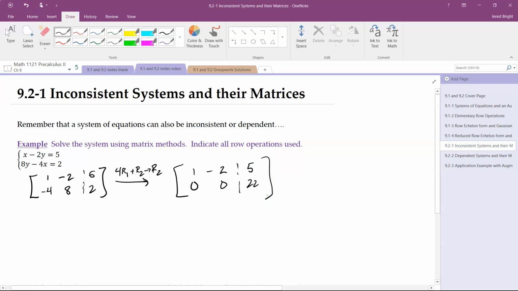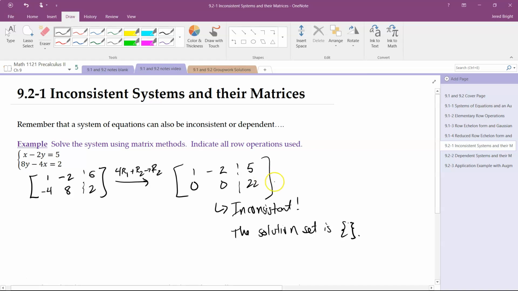What do I do here? I have 0 is equal to 22. Inconsistent system. You can't have this happen. So this just means that the solution set is empty.